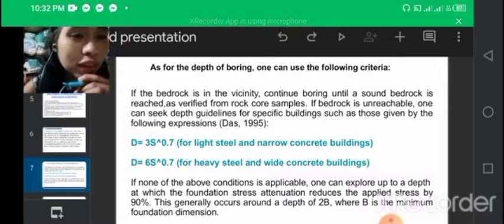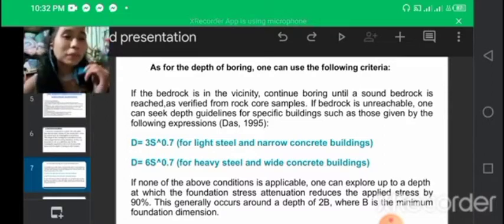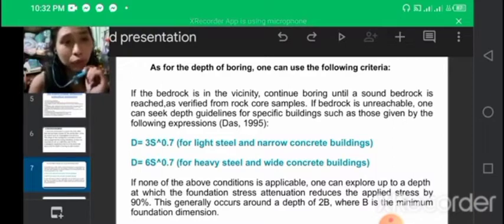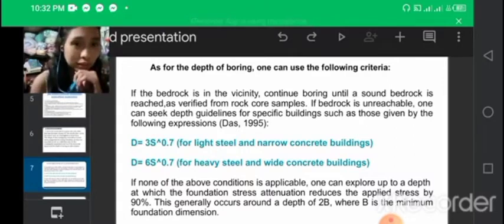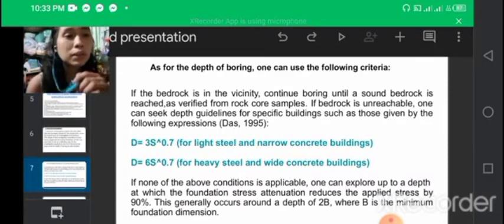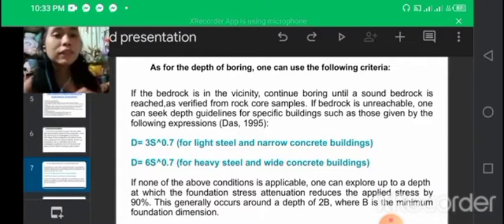The second one is for steel and wide concrete buildings. If none of the above conditions is applicable, one can explore up to a depth at which the foundation stress attenuation reduces the applied stress by 90%. This generally occurs around a depth of 2B, where B is the minimum foundation dimension.